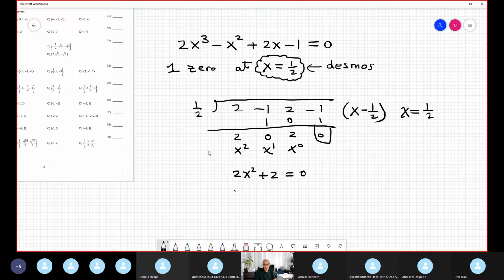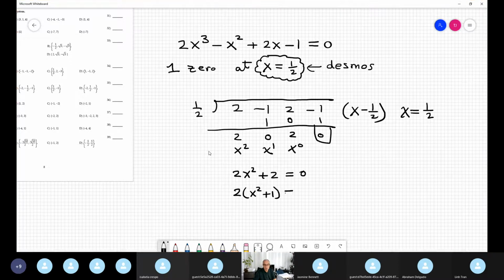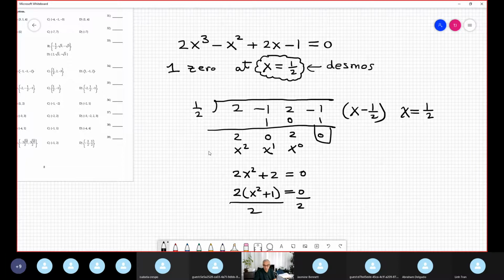In factorization, 2 times x squared plus 1, divided by 2 both sides, so this 2 is completely irrelevant. And this is my factor, no? And my factor is, bueno, solve this equation. Immediately I detect que es imaginary. Okay, I don't care in this question.